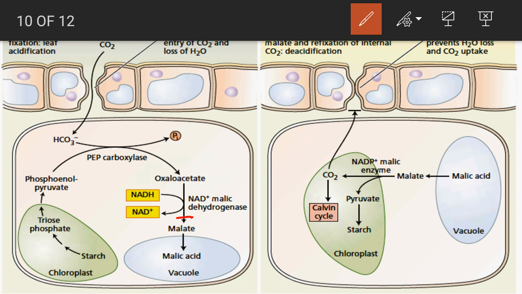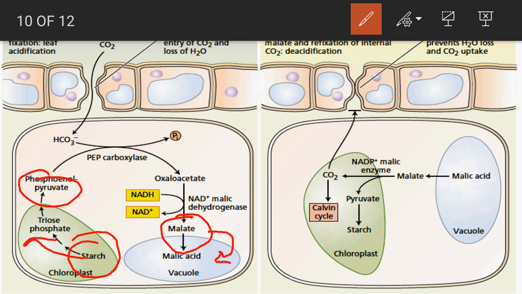Now this oxaloacetate gets converted into malate, and malate is converted into malic acid and stored in the vacuole in the night time. Now this phosphoenol pyruvate forms from starch: starch is converted into triose phosphate, and this will form phosphoenol pyruvate.